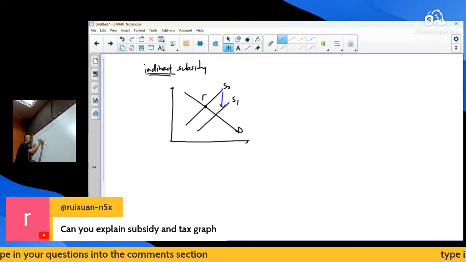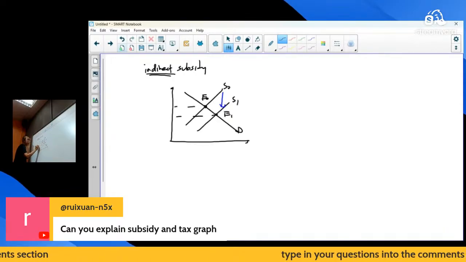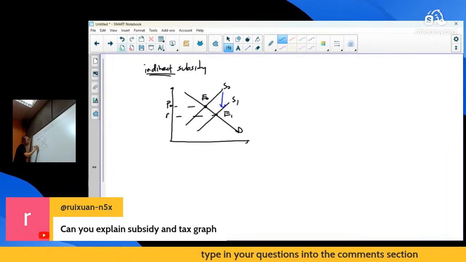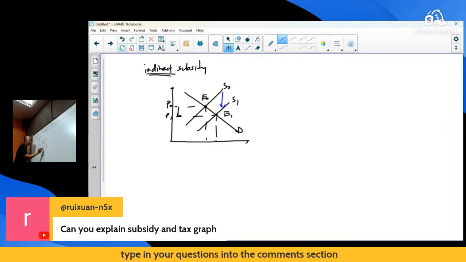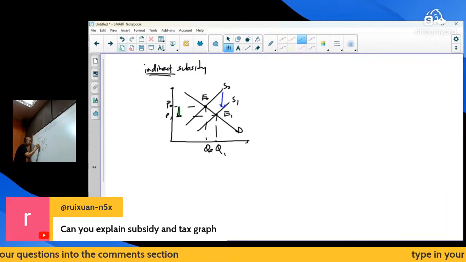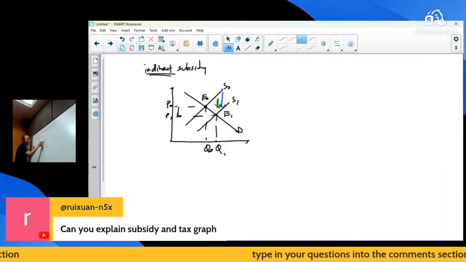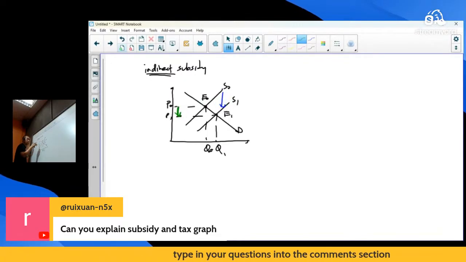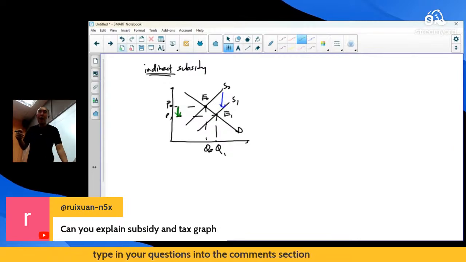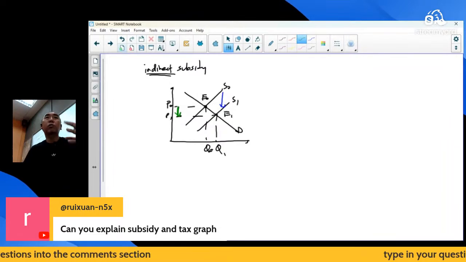Because of this, the equilibrium point moves from E0 to E1 through a market adjustment process, and the price will ultimately fall and quantity increase. The fall in price, however, again is smaller in magnitude than the subsidy given, suggesting that the firm can only pass on part of the cost saving, part of the lower cost to the consumers in terms of lower prices.